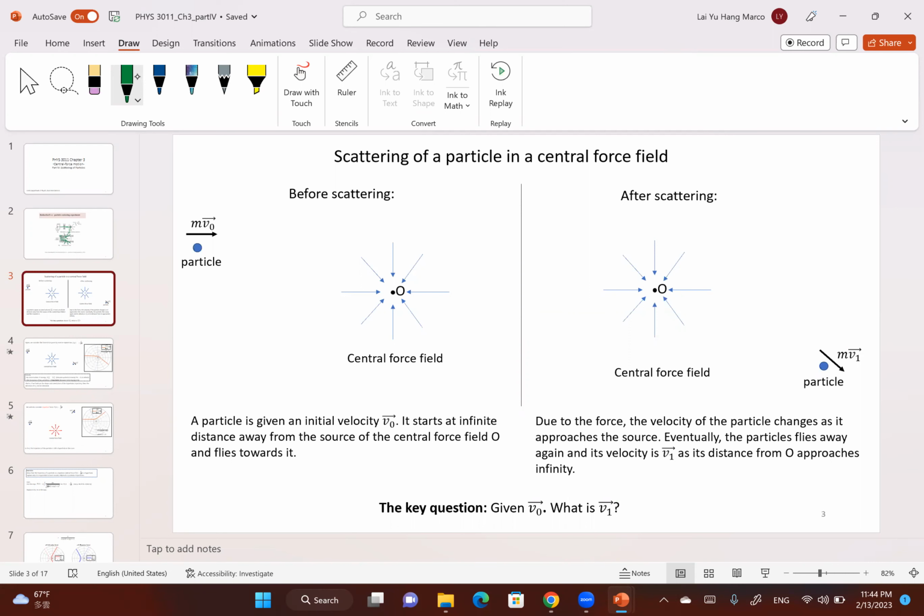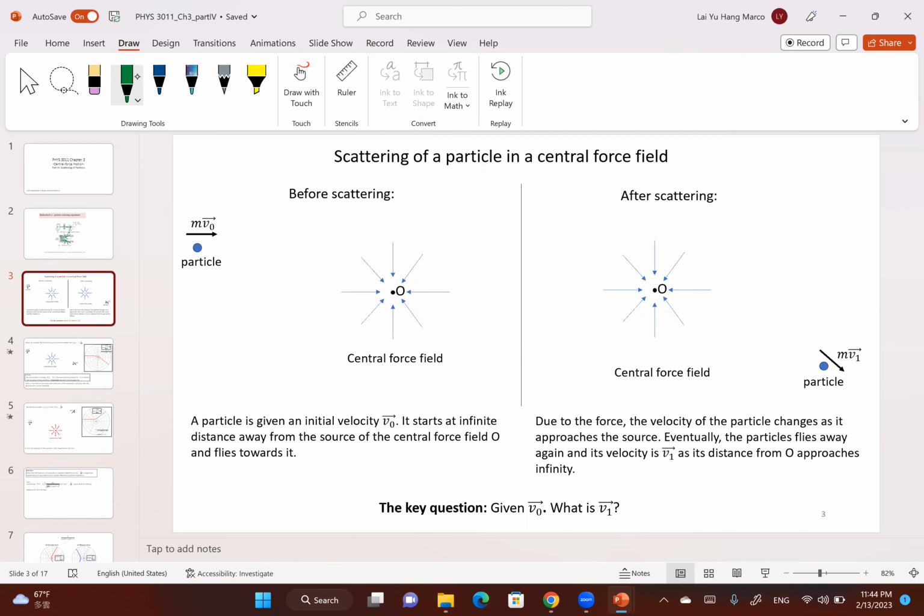To make things clear and simple, we assume that initially the particle is very far away, almost infinitely far from the center of the central force field, such that we can assume the potential energy of the particle is zero.